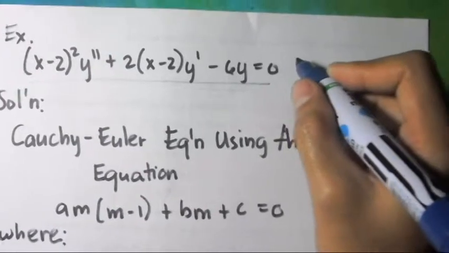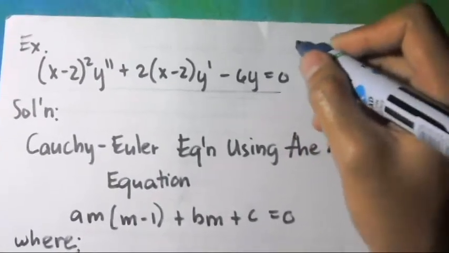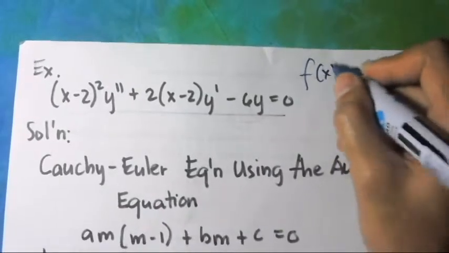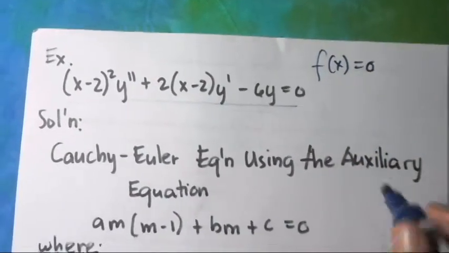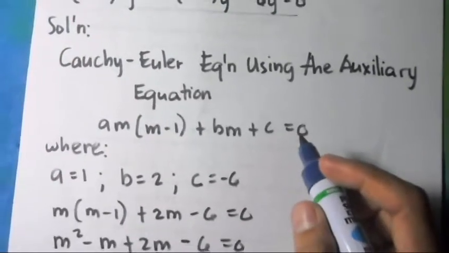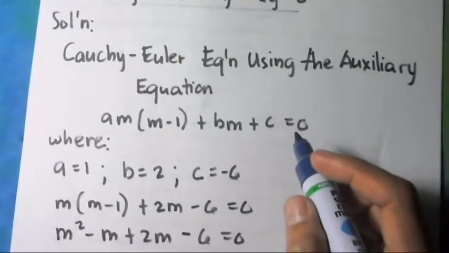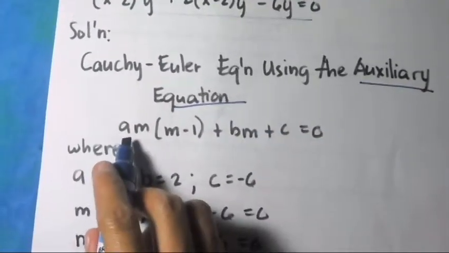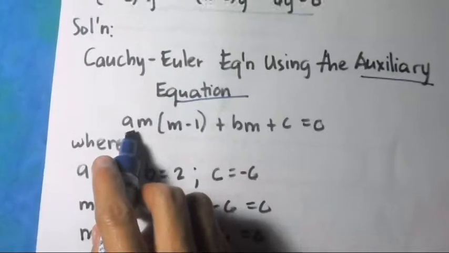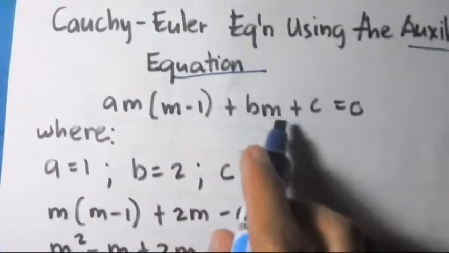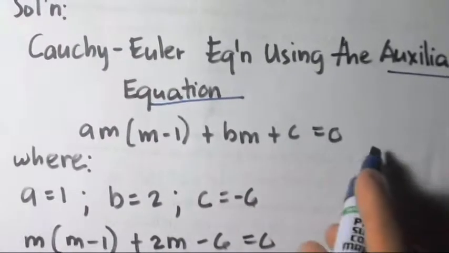By considering this situation, we now have a homogeneous function because f of x is equal to 0. And now, by thinking of the Euler equation, we have the auxiliary equation with this formula: a times m times (m minus 1) plus bm plus c equals 0.